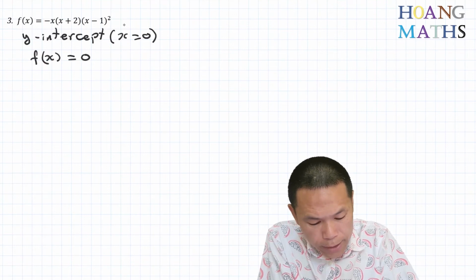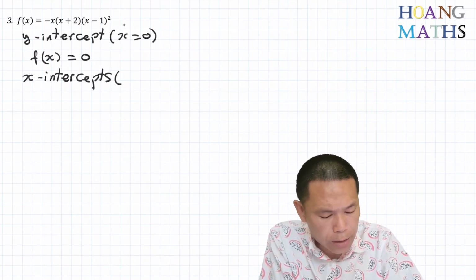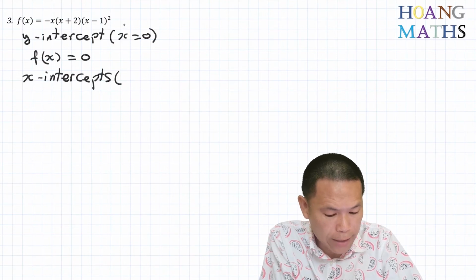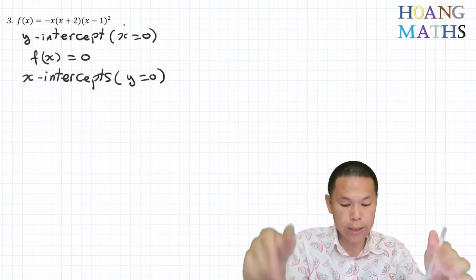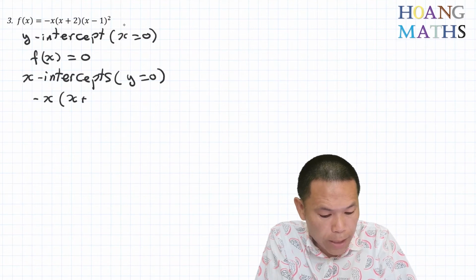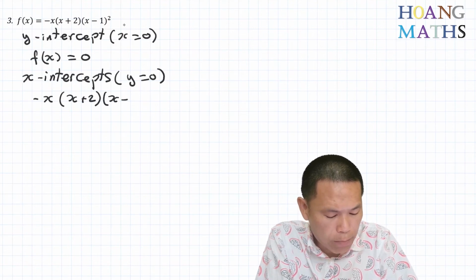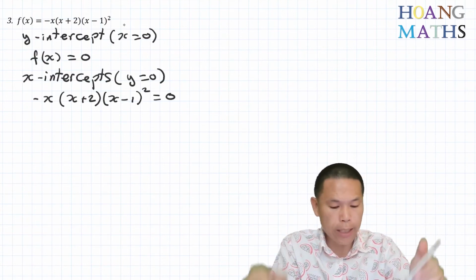And then x-intercept, that means when y equals 0 or f(x) equals 0. This is just to help you to work out the x-intercept, that's all it is. So therefore, -x, x plus 2, x minus 1 all squared equals 0. So this means that -x equals 0, that means x equals 0.